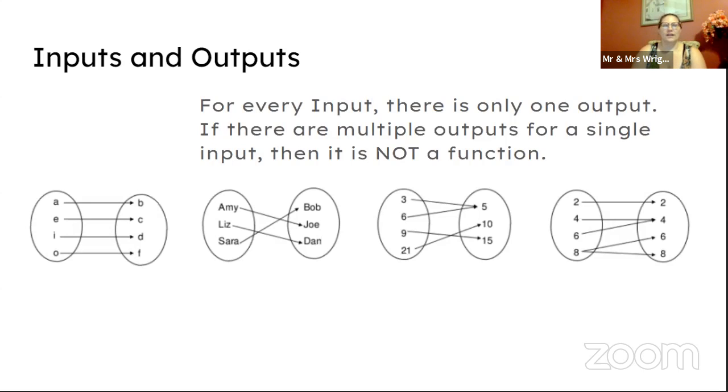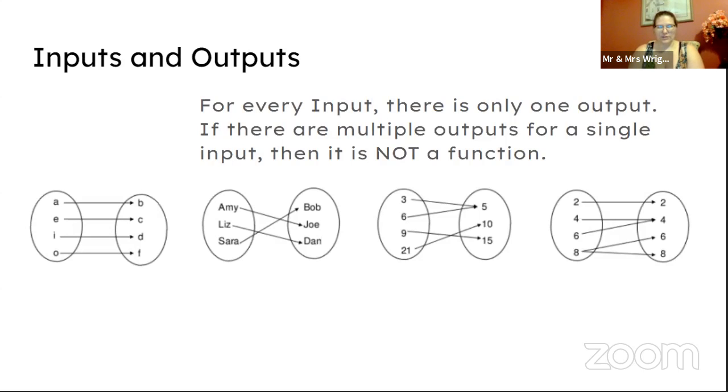And as you can see, for every input, it traces to an output, okay? This is a one-to-one, one input, one output, okay? So we can see in all of these, if it's a function, it will only have one output. If for some reason one input has more than one output, it is not considered a function.